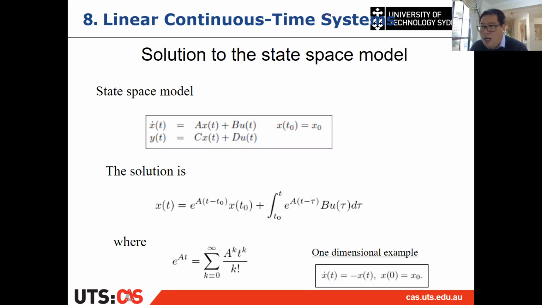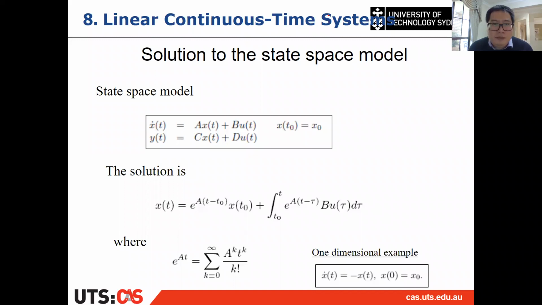And after that, we have 3 lectures about the control part. The 3 lectures are mainly about the linear continuous time system, control system, and the linear discrete time system and nonlinear discrete time systems. All right, so we first introduced the linear continuous time system because it's the easiest one.